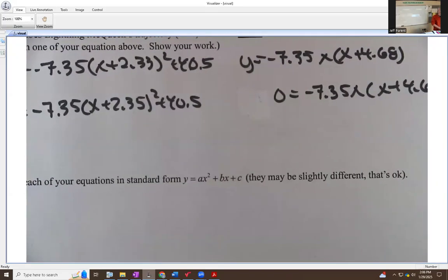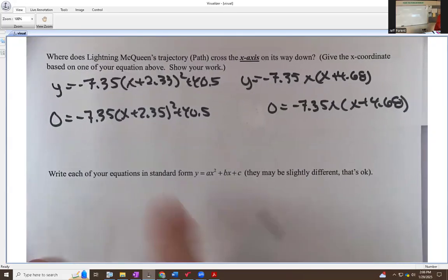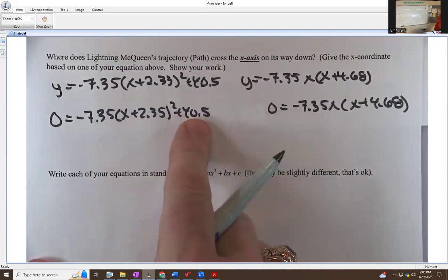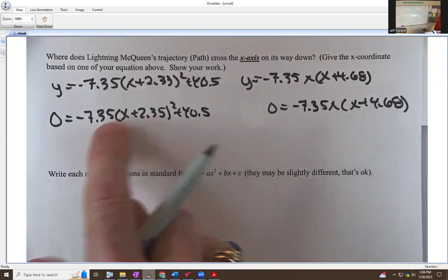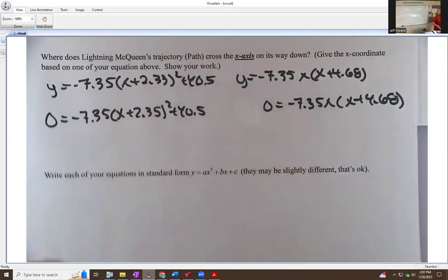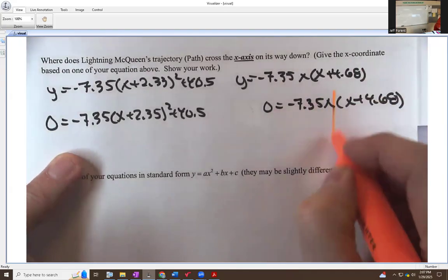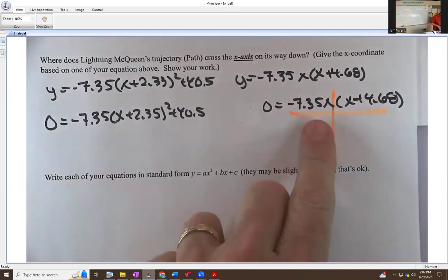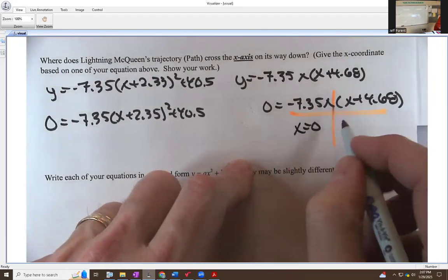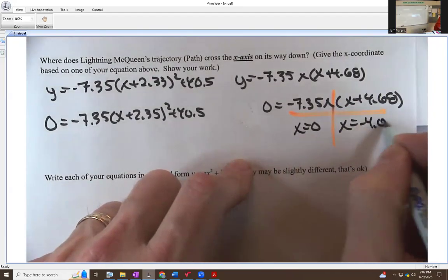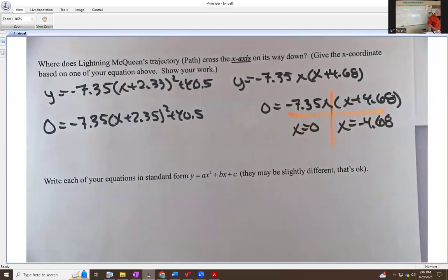The first one or the second one? Well, you can solve either. You move this over, divide by negative 7.35, take the square root on both sides, plus or minus, and so on. But this one, you've already got something multiplied together that gives 0. So this part is 0 when x equals 0, and this is 0 when x equals negative 4.68. So I kind of like this one.